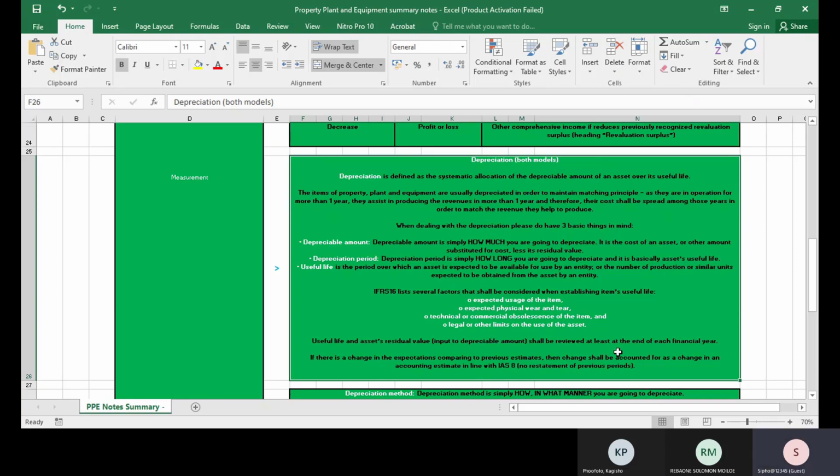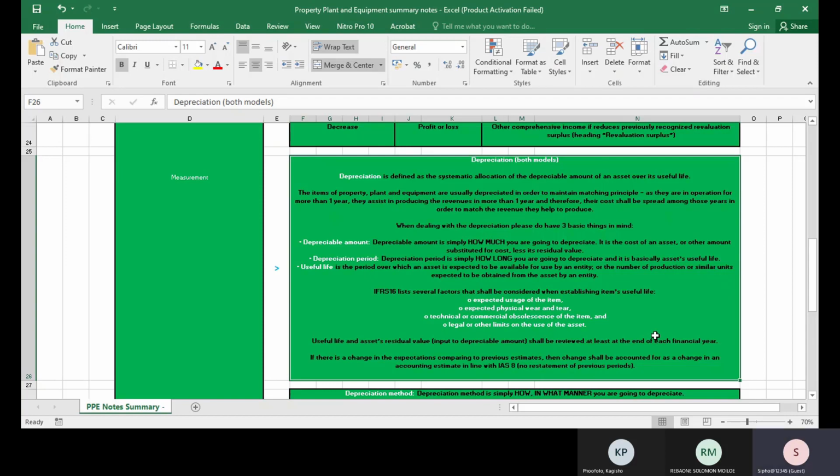And the reason for you to do that review is that circumstances change every year. So the useful life of an asset might change due to impairment, or due to damage, which might not result in impairment, but at the end of the day, you might actually change the useful life.